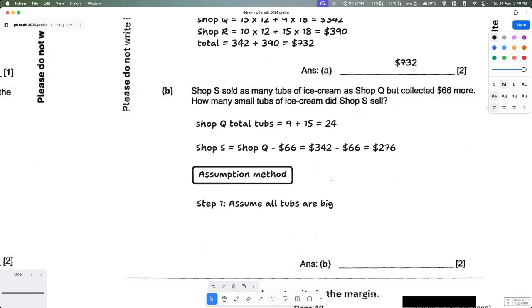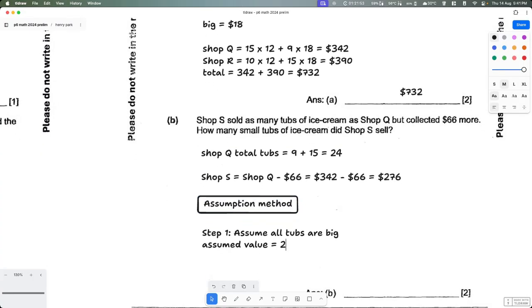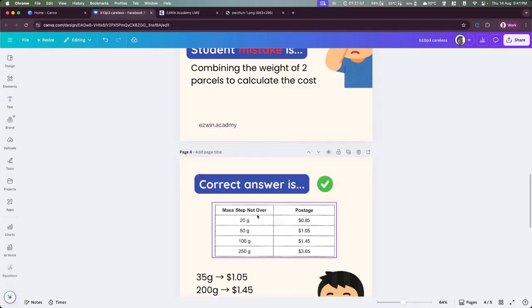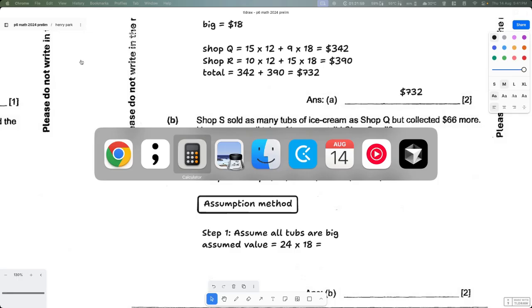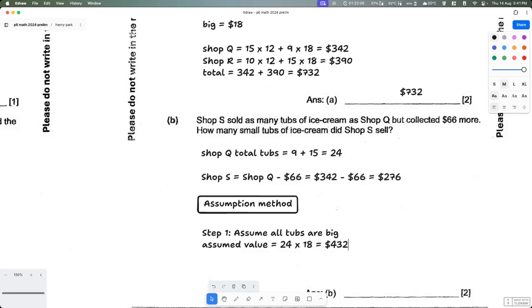So the assumed value is equal to, one big one is $18, so 24 times 18. This will give us $432.